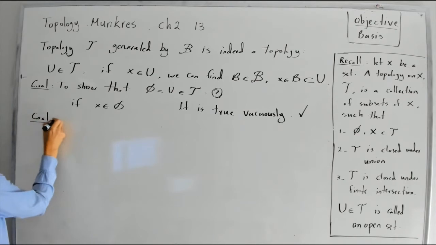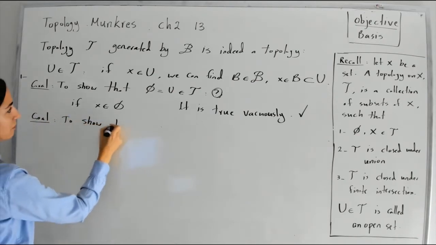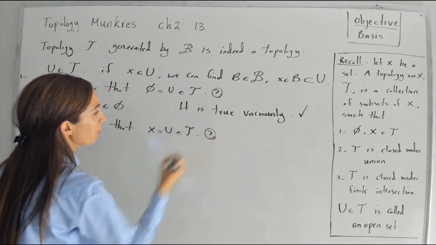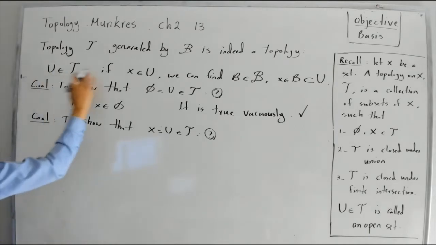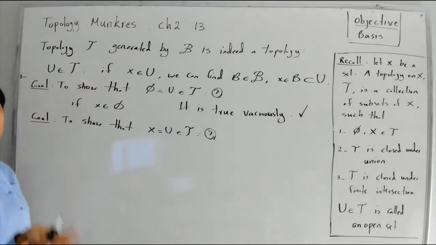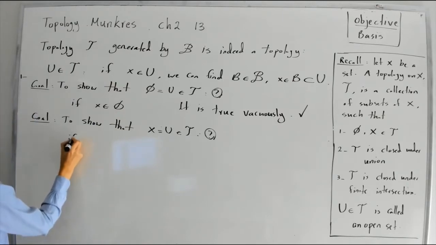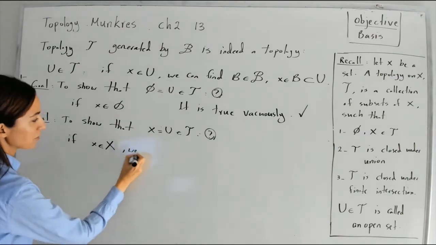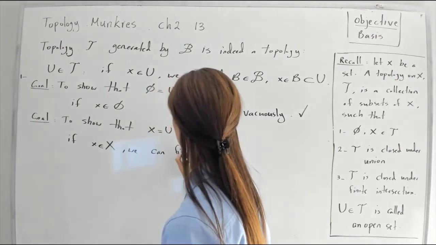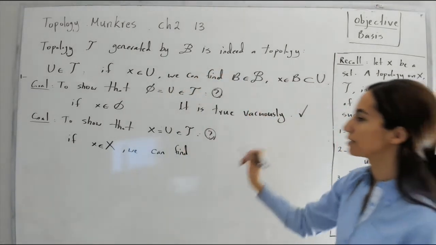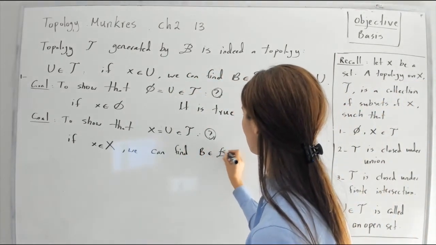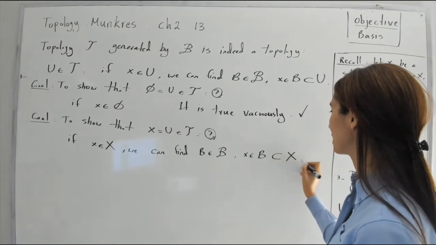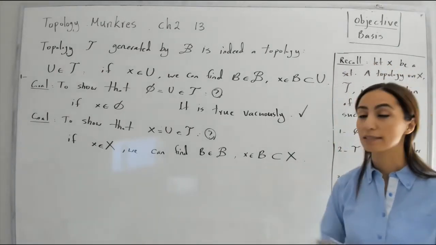Now, our goal is to show that X, or U, belongs to this topology. So let us follow the definition. U belongs to the topology. What's the meaning of that? It means that if X belongs to U, which in this case is X, we can find a basis element B such that X is in the basis element and it's a subset of X. This is also true.